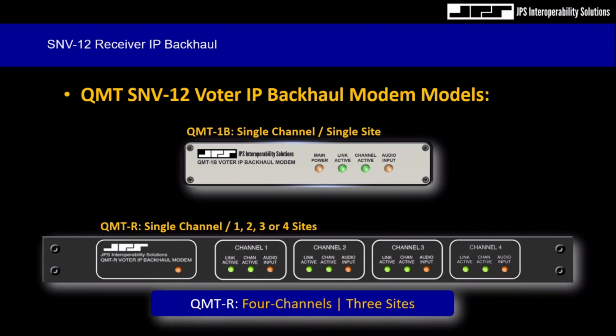So depending upon your application, you may need to deploy both multi-channel QMT-R and single-channel QMT1B modems. And additional IP backhaul modem modules that slide into the QMT-R housing can be ordered to be later installed as the system grows. And by the way, the QMT-R modem can also be powered with 48 volts telco.